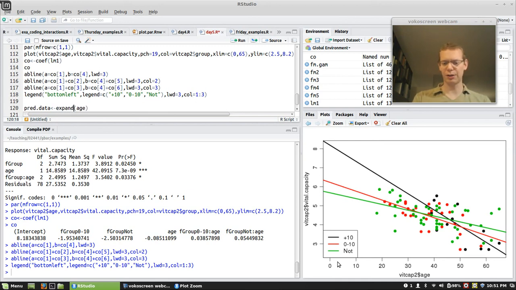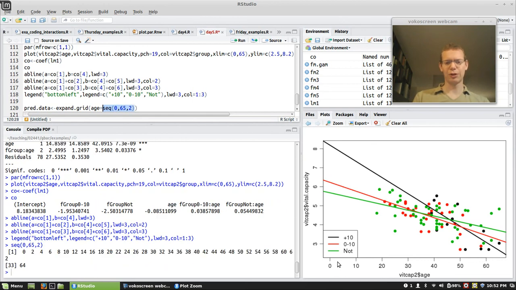I'll use expand.grid. So age should take values from 0 to 65. We could just say I want the sequence from 0 to 65 stepping 2, just showing what you get. Well, we get close to 65 anyhow.